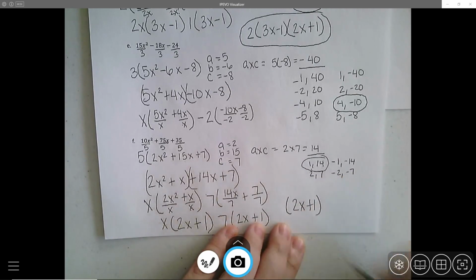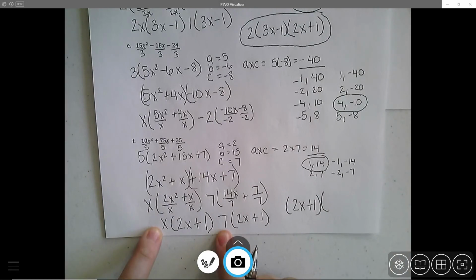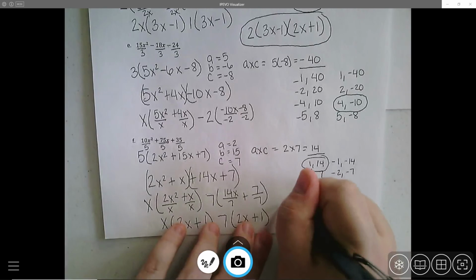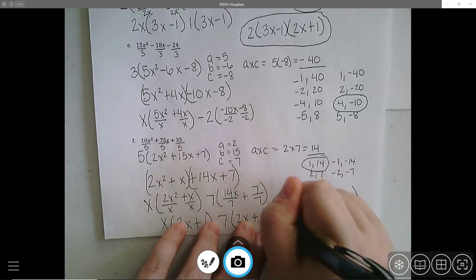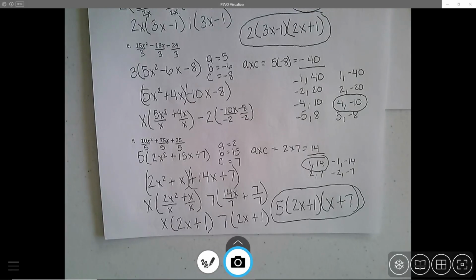So you can go to our final answer. What's outside left to right is x plus 7. GCF at the beginning goes clear out in front. There's my final answer.